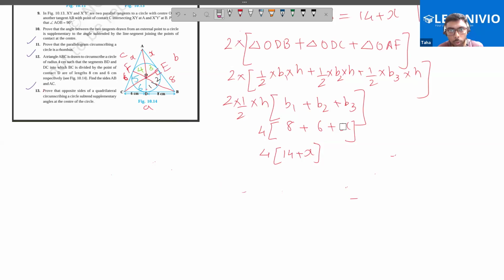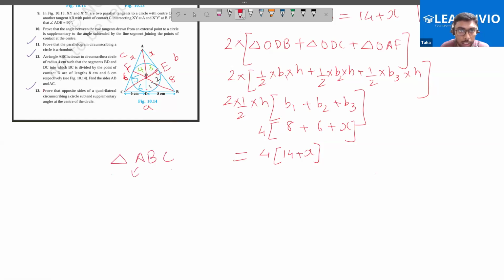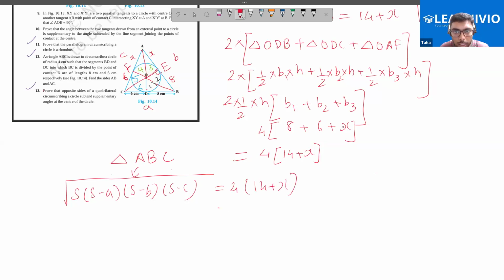This whole thing was equal to the area of triangle ABC. And what was that written in the form of? Root of S into S minus A into S minus B into S minus C is equal to 4 into 14 plus X. If we multiply this, that would be 56 plus 4X, right?